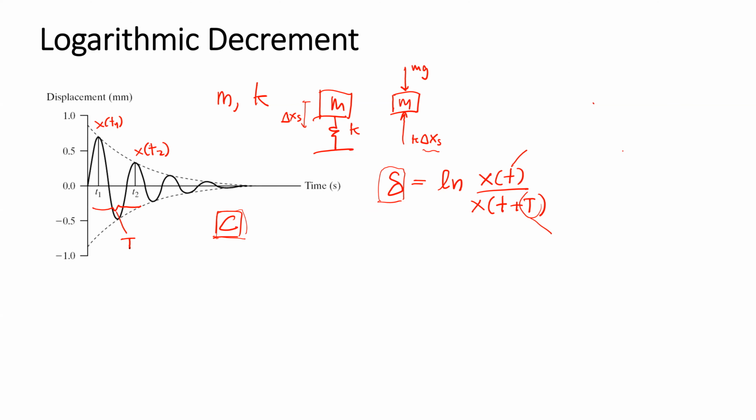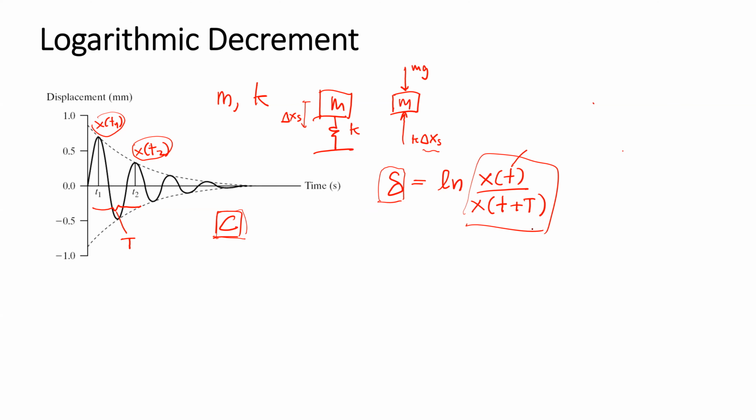So the magnitude of the vibration, the displacement of the vibration at the time and at the time plus the period, will have a ratio of the displacement. The logarithmic decrement is the log value of this ratio.